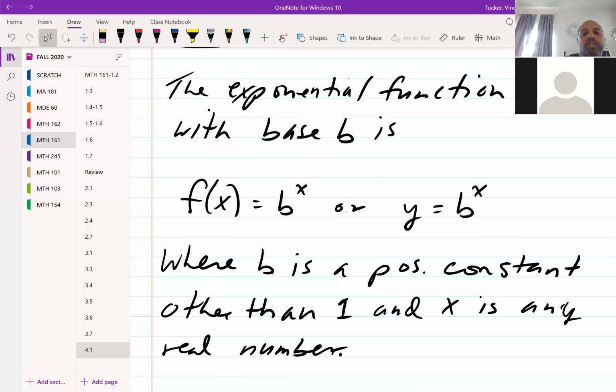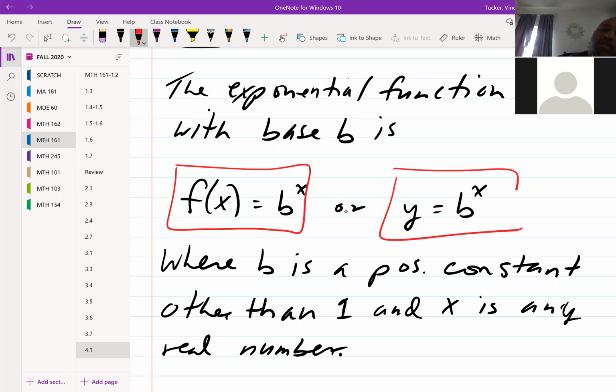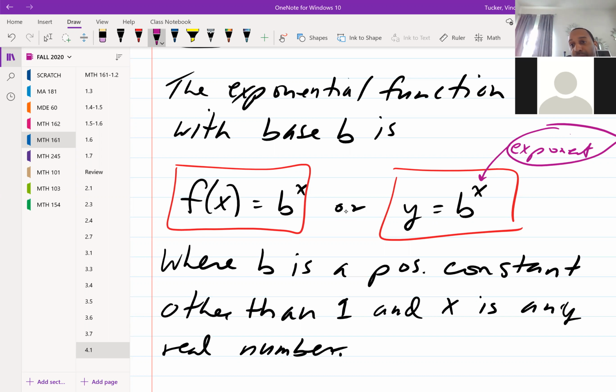The exponential function f with base b is going to be represented by one of these right here. Don't forget f of x and y are interchangeable. f of x is in function notation; using y means that you aren't. And also recognize that x is your exponent. It's not just a regular x. That's not b times x, that's b to the x power.